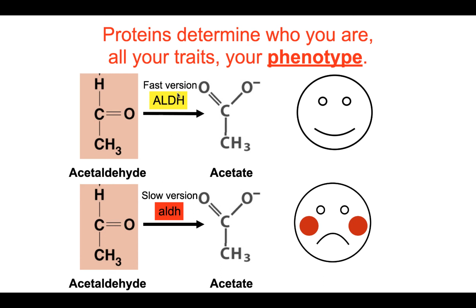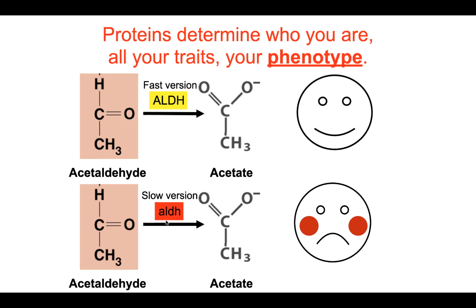One person might have a protein, the acetaldehyde dehydrogenase protein, that works very quickly, that works properly. But another person may have inherited another protein that doesn't work quite as well.